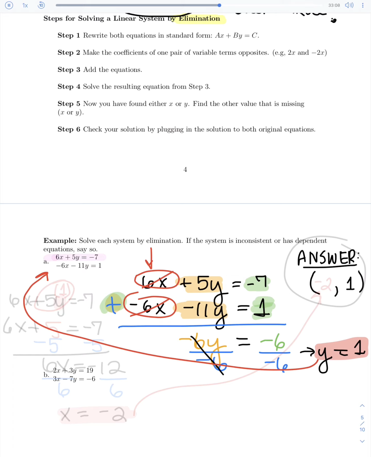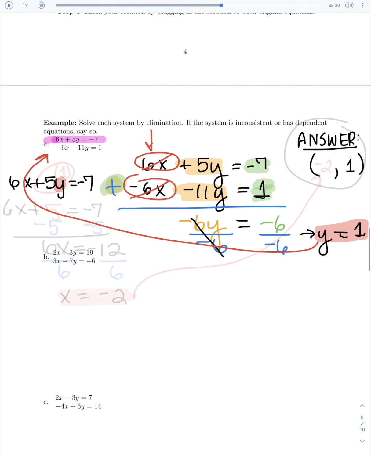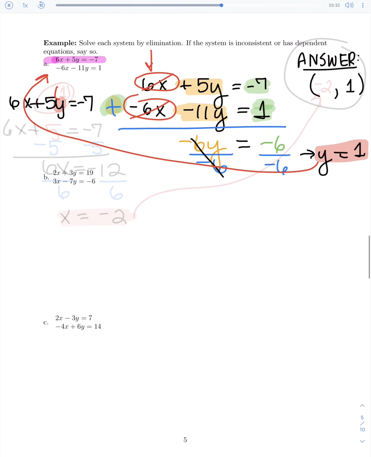I am going to pick, let's see, the top equation just because it has less negatives. So we'll choose our 6x plus 5y equals -7. And remember, we found out that y equals 1, so we're going to replace the y with a 1. So remember, when you make that replacement, we should be putting parentheses around the 1.